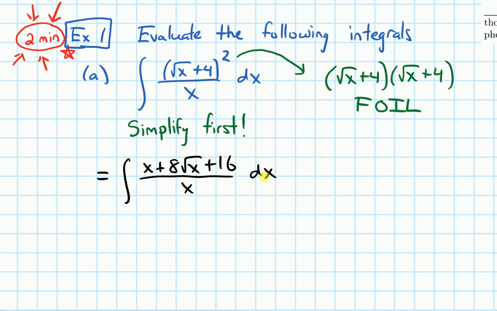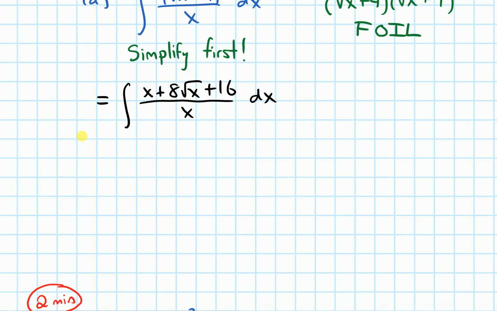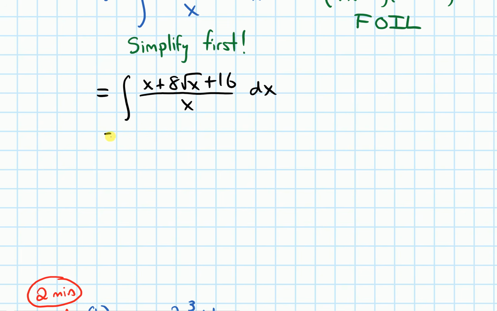And now this fraction, I can split it up into 3 fractions. And we'll end up getting the integral of x over x plus 8. And with the square root x, I'm going to rewrite it as x to the 1/2. Because that's going to be helpful in evaluating the antiderivative over x plus 16 over x dx.